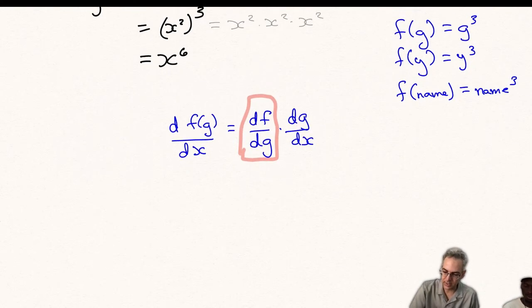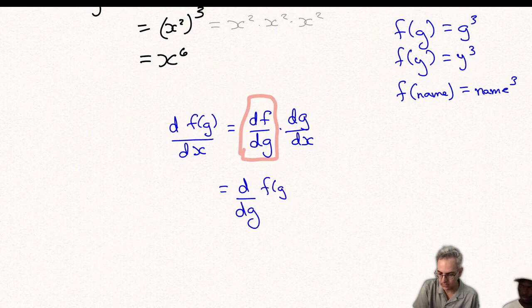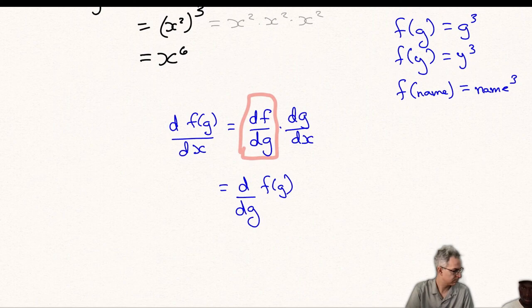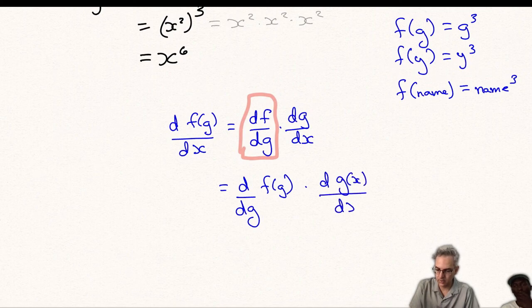So when we write df dg, we're saying d by dg of f of g, which looks just like doing d by dx of f of x if we had defined f of x. So in this case, f of g is just g cubed. That's fine, right? And we're multiplying this by d of g of x dx.